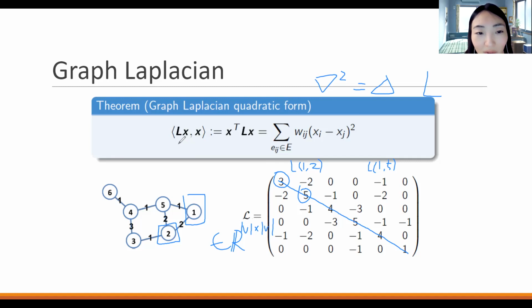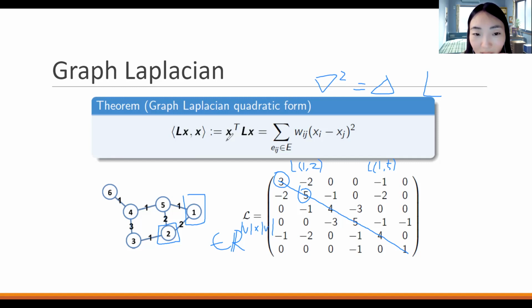And something very interesting that corresponds to the graph Laplacian is its quadratic form. If I multiply L by a vector x, where x has dimension V, so you have V elements in this vector, and then you compute x transpose times L times x.